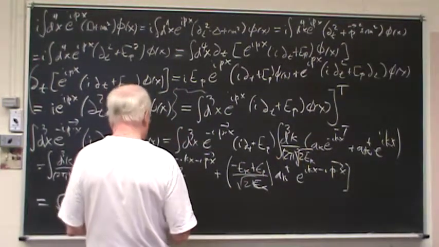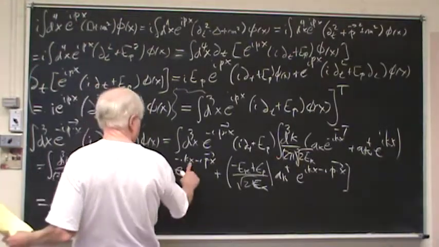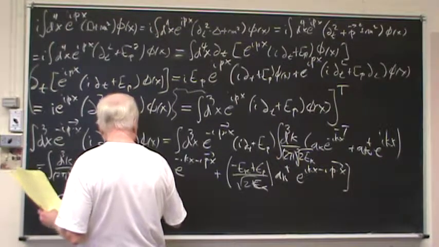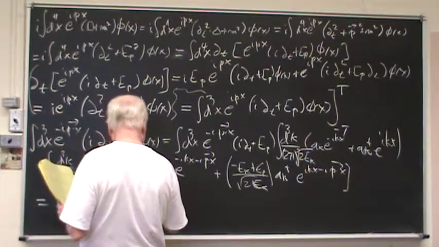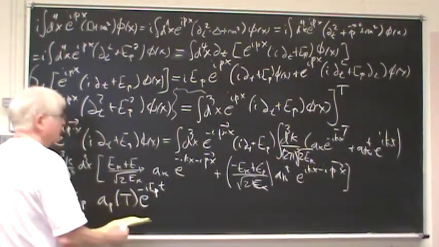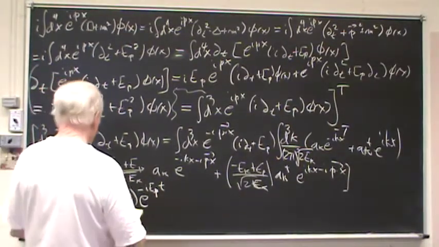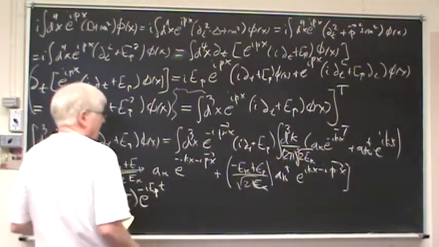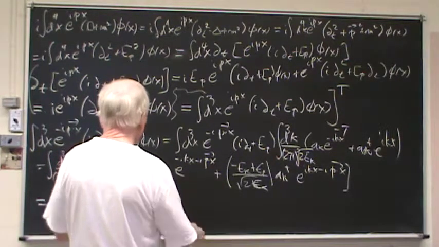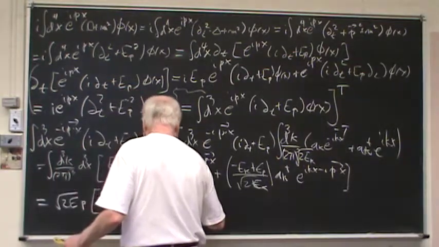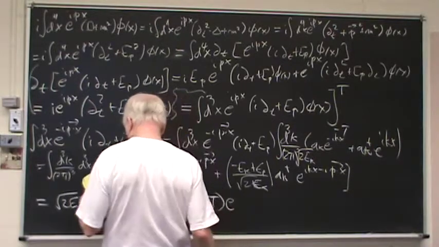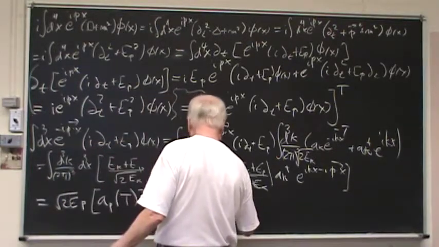So that guy is gone, and what do we have left here? We have e^(−iE_k t), or E_p t. So that's at plus time, and then we subtract at minus time, and at minus time, well, we just get this at minus time, so it's minus a_p at minus T, e^(−iE_p T).